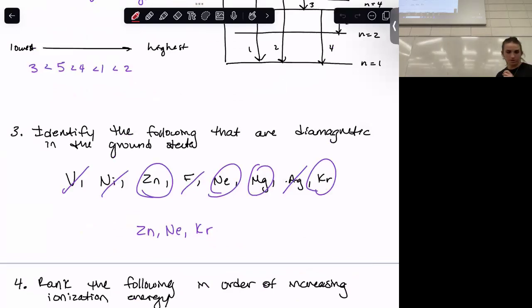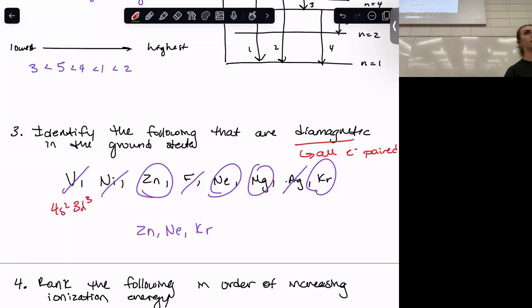So when we're looking at diamagnetic, what does it mean to be diamagnetic? This means all electrons are paired. When we look at vanadium, this is going to be 4s2, 3d3.